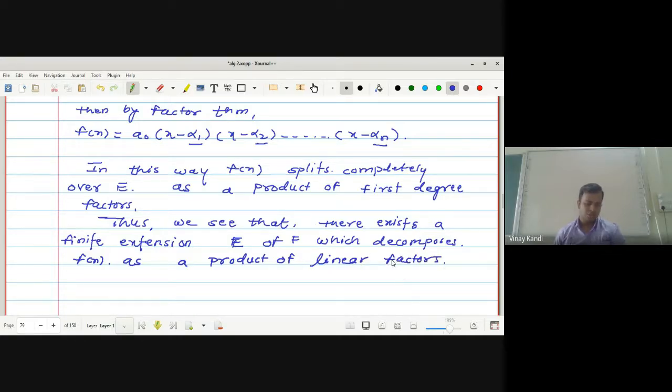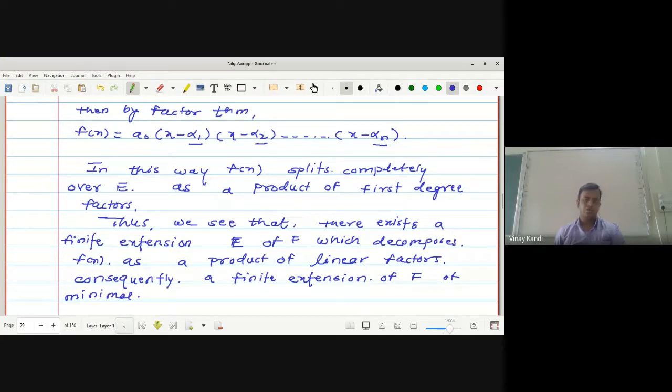Any doubt? So consequently, a finite extension of F of minimal degree exists.